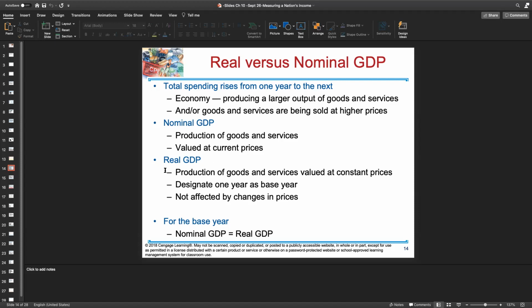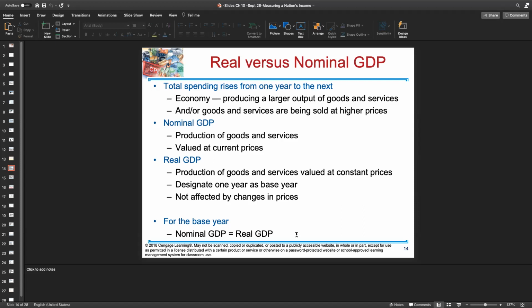So how can we calculate this? For the real GDP, you have to consider the base year, and if you only consider the base year prices, then the nominal GDP would be equal to the real GDP.